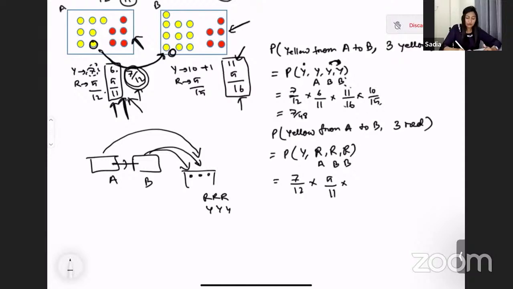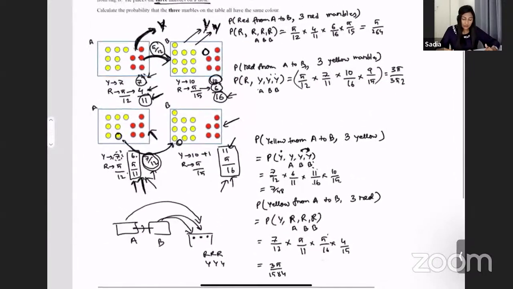From bag B, number of red is 5 divided by 16, and then red will decrease, total will decrease since you're selecting 2 from bag B. So this will be 35 by 1584.